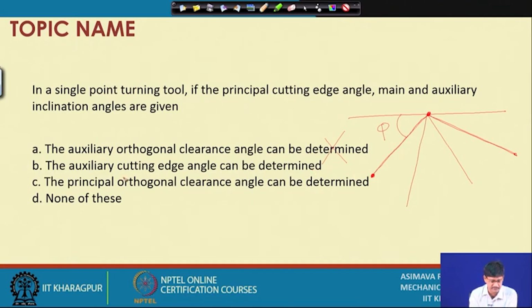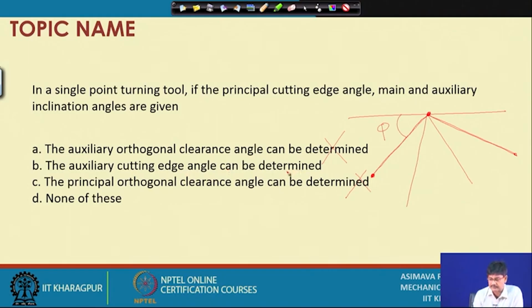Just a moment, what was the previous one? Auxiliary cutting edge angle, we are keeping it in abeyance. So, principal orthogonal clearance angle, now what is that? Clearance surface. So, this is gone, we do not know this one. So, now comes this one, auxiliary cutting edge angle.